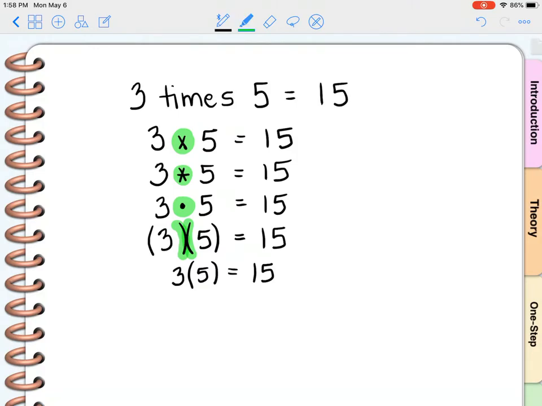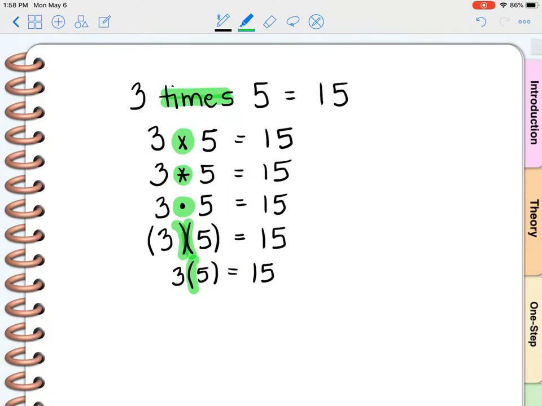So I want you to know that anytime you see one of these particular problems, they all mean the same thing. In different math books, different professors will use the different formats just depending on their own backgrounds.